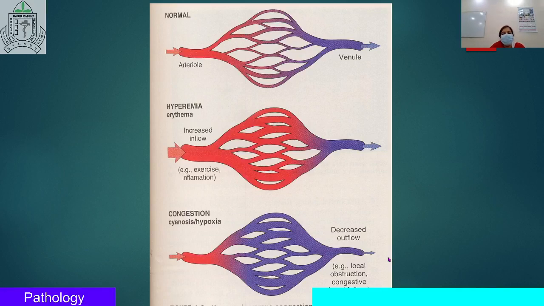So the tissue becomes degenerated, resulting in cell death. So in chronic congestion, ultimately there is tissue degeneration or cell degeneration or cell death. This is the figure of hyperemia and congestion.